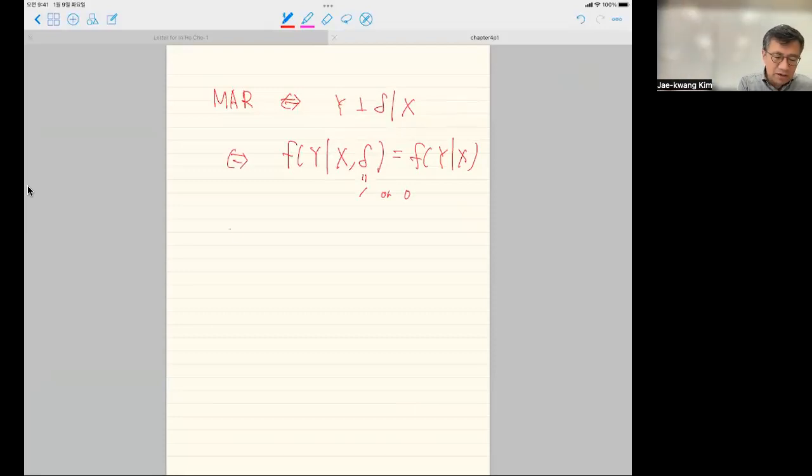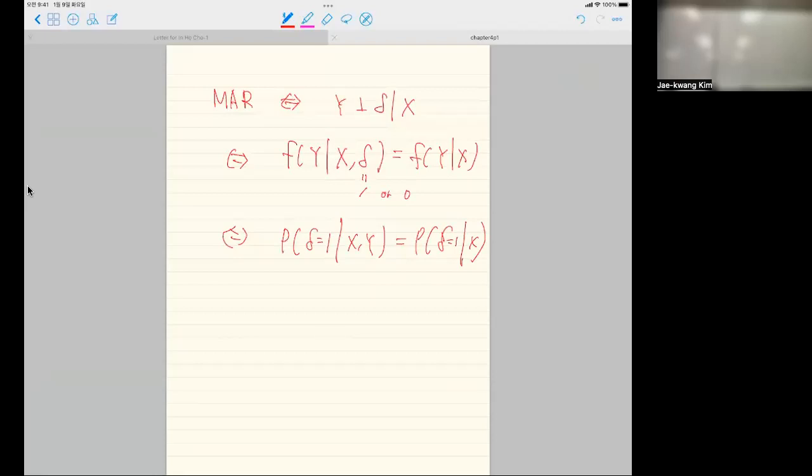Another way is that P(delta equal to 1 given X and Y) is equal to P(delta equal to 1 given X). So for Y, it depends on X only.